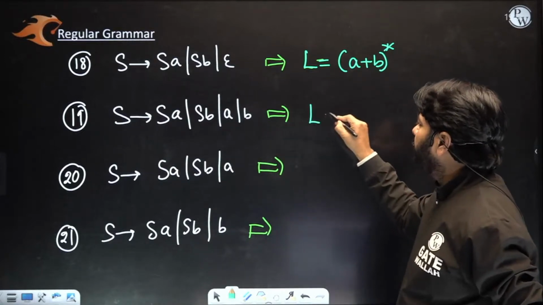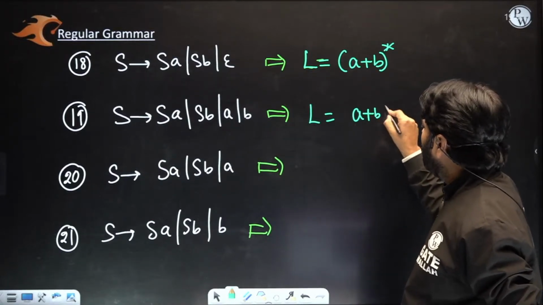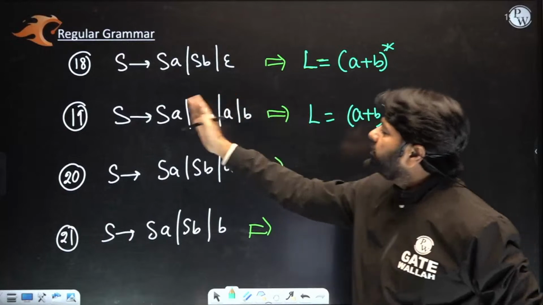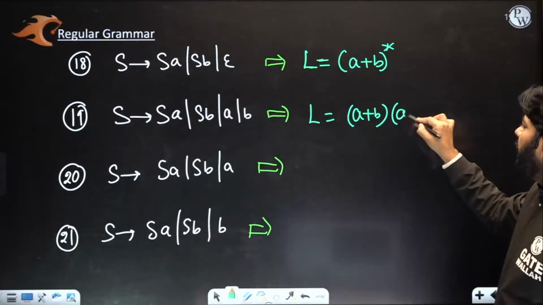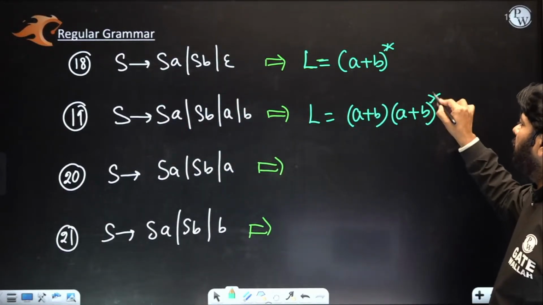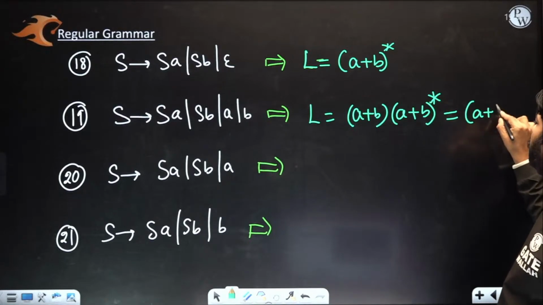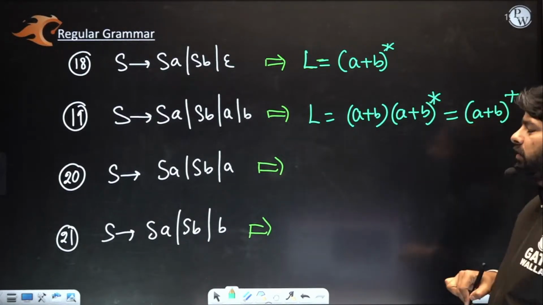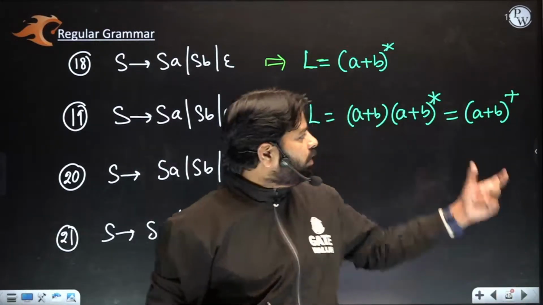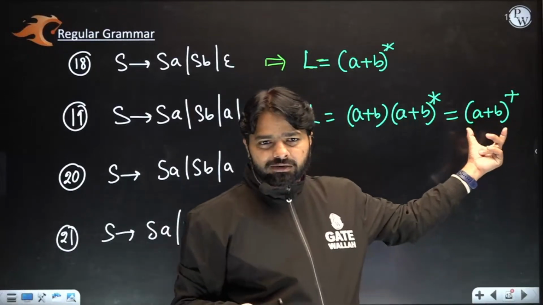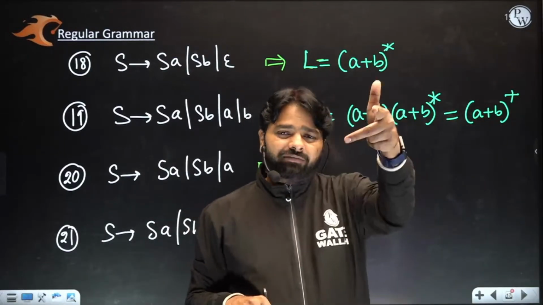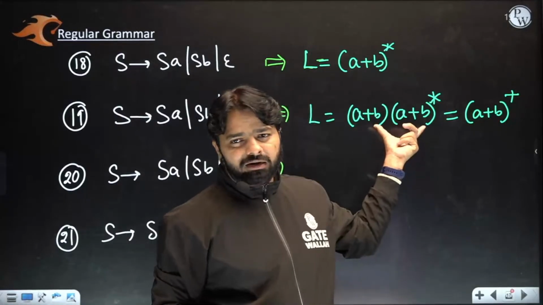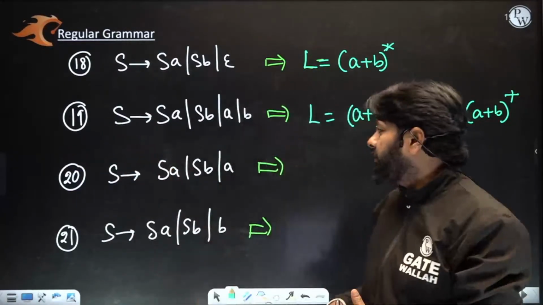And here this is going to be (a+b)*. Before that ab comes, so (a+b) followed by (a+b)*. So this can be written as (a+b)+ directly. So do not be surprised by looking at (a+b)+. This is the right answer. That can be written in infinite ways, and one of the ways here is exactly how the grammar is represented.